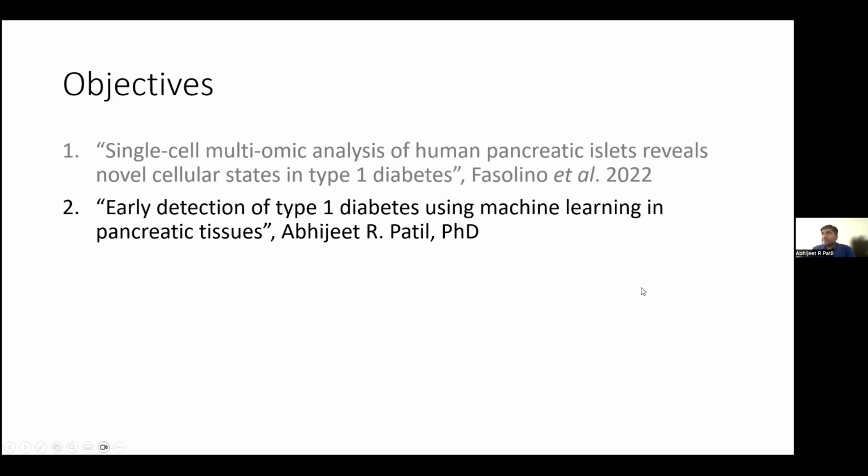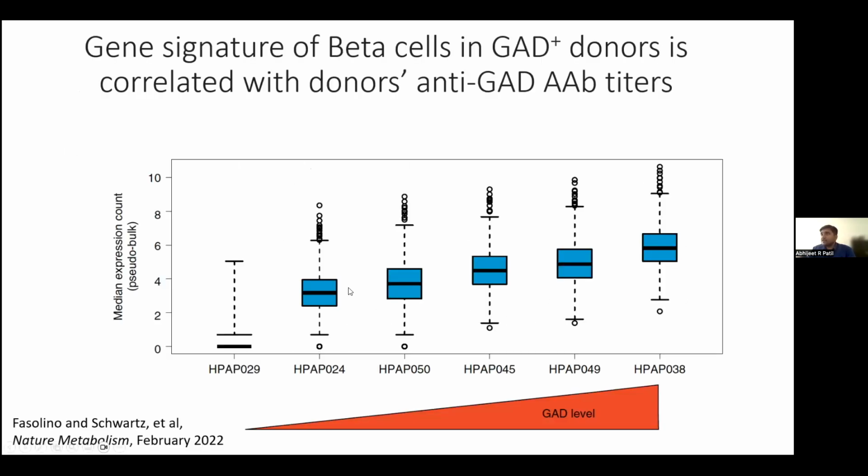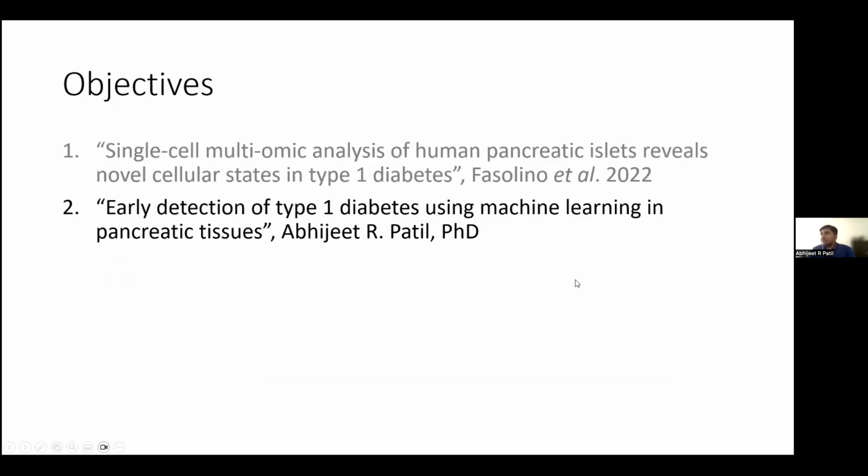So now that we know a few components, such as MHC class 2 and the beta cell median expression correlating with the GAD levels, we continued our research by applying a new approach, basically using machine learning, to see if we can predict some early signatures to identify type 1 diabetes, especially within the autoantibody positive donors.